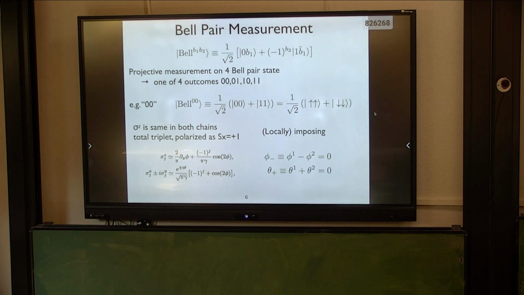And because the total Sx takes its maximal value, this theta 1 plus theta 2 must be 0. So phi 1 and phi 2 are two independent fields, but if you perform the measurement and the outcome is this Bell pair state, then this boson field must obey this particular condition at the boundary where you did the measurement.